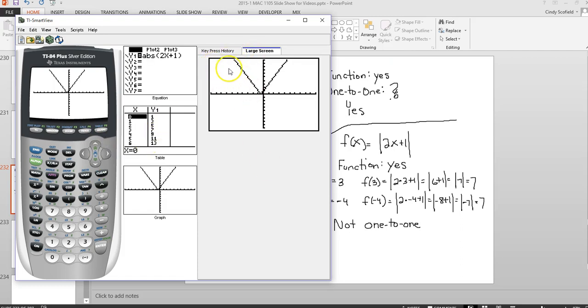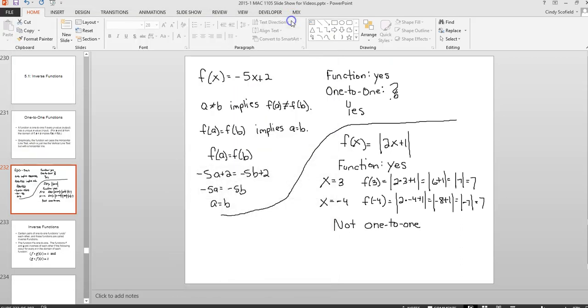All right, vertical line test, sweep across, only crosses one point at a time, but horizontal line test gets failed because as soon as you go past this little point right here at the V, the horizontal line up here is always touching 2 points at a time. So this is not one-to-one. So that's a way to determine.